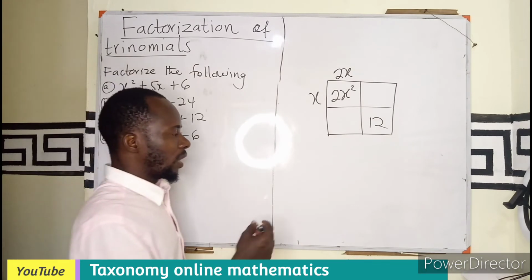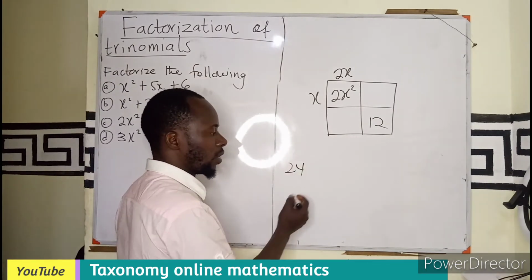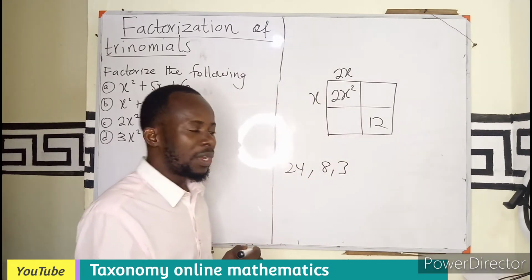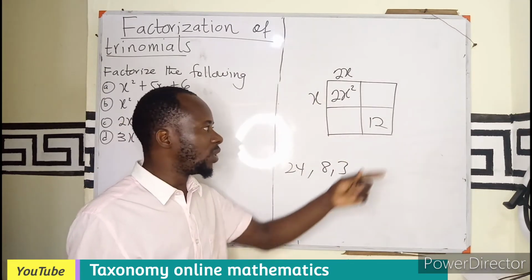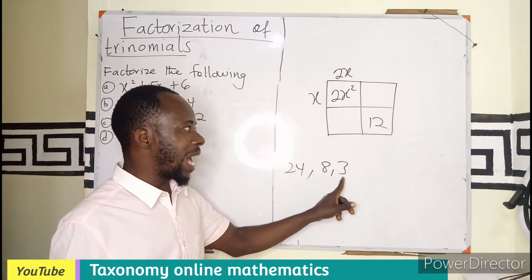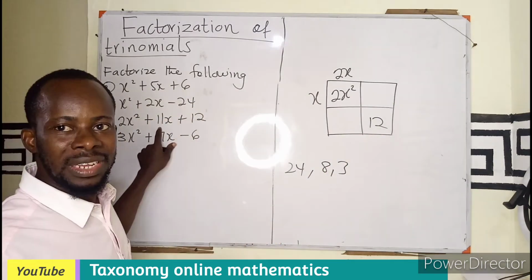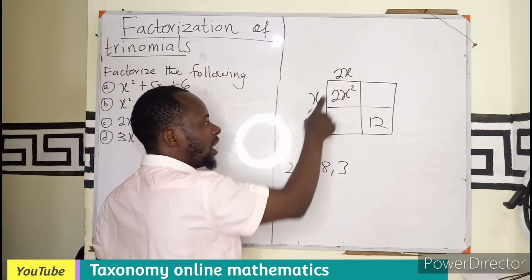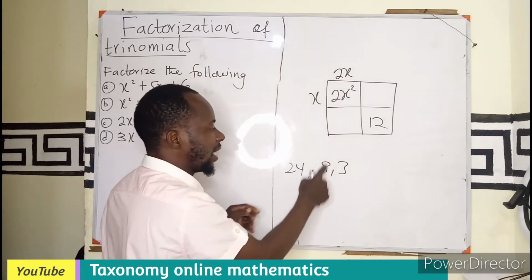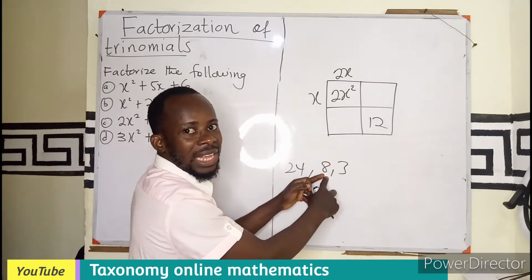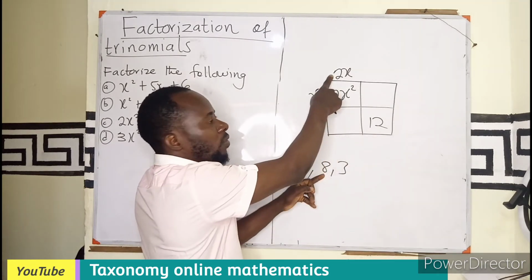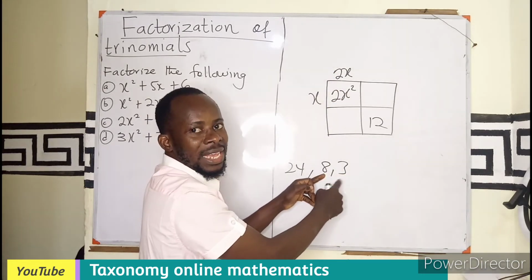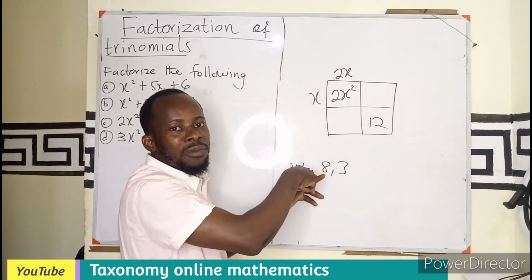From the previous question we have 8 and what? 3. If I multiply this, I should get 24, and if I add this, I should get what? 11. Now, if I put the 8 here, it's going to increase that answer. So I divide the factor that is a multiple of this. If here is 3, I'll look out for which number here is 3 having a factor of, which is this.